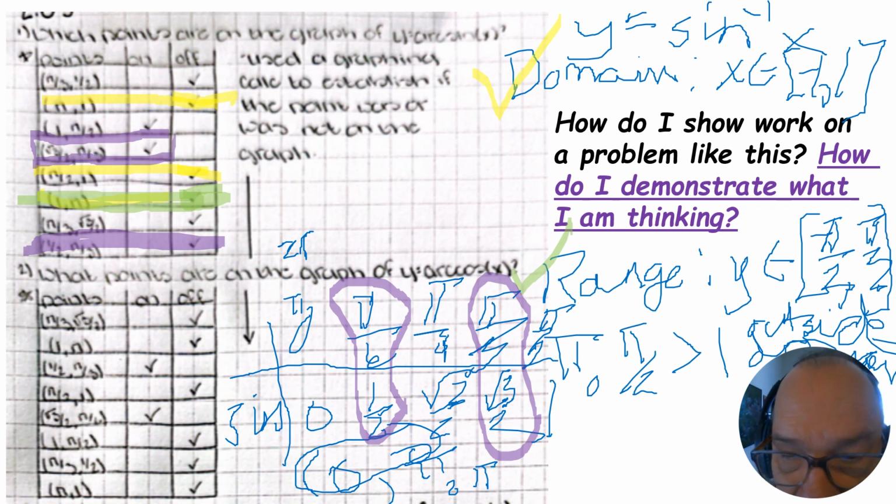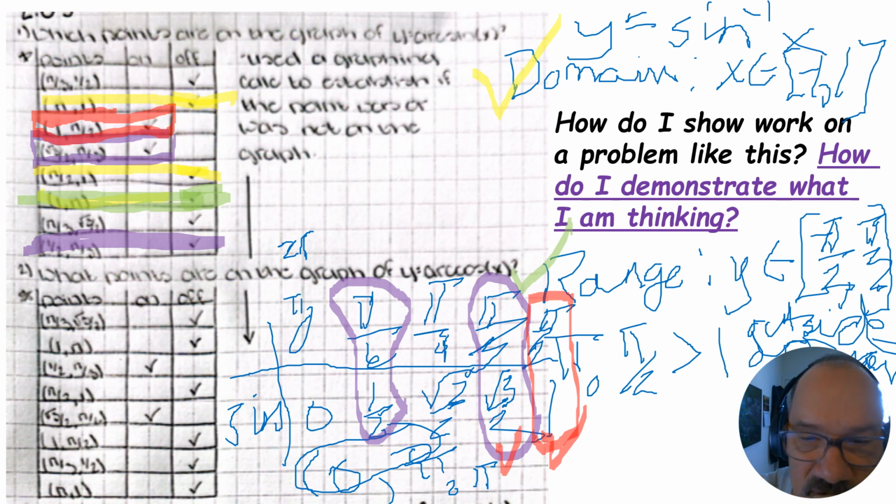And then I go to 1, and 1 should be matched up with pi over 2. So I go look at this, and I have 1 and pi over 2. So this one is also correct. So these are the two where I had correct solutions.